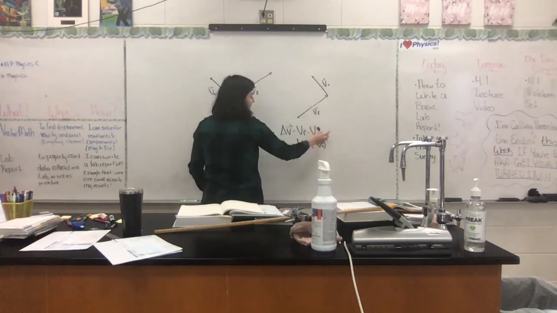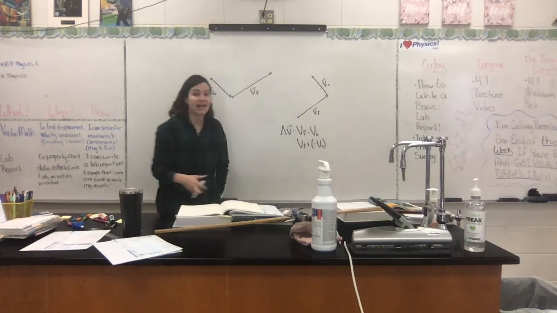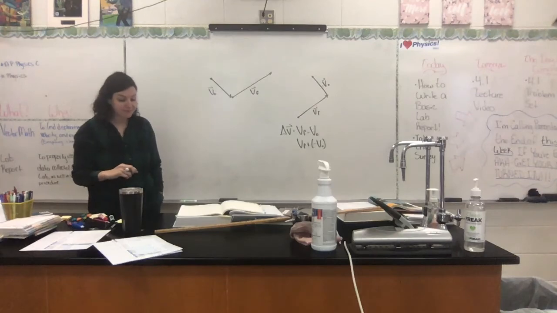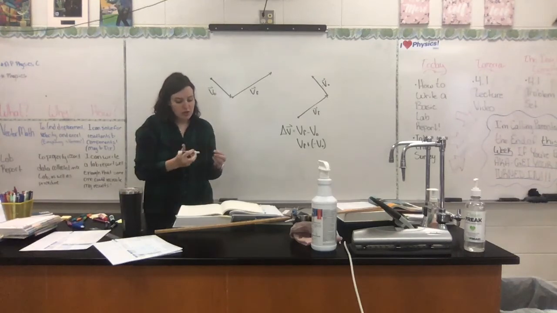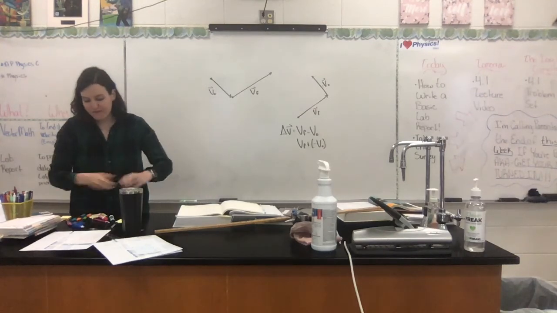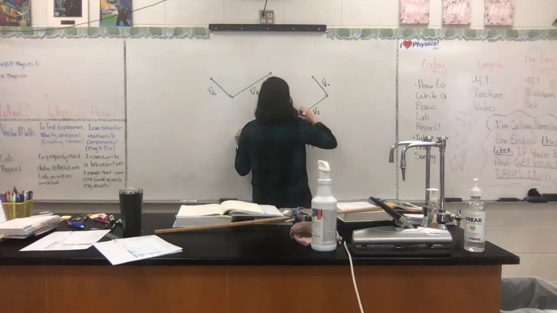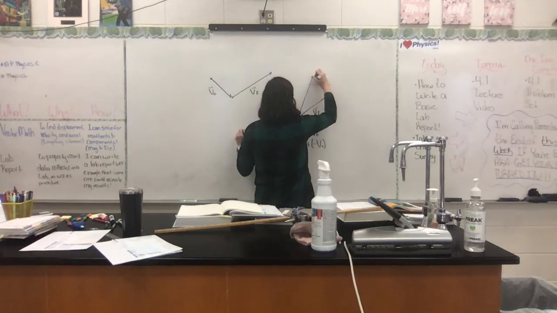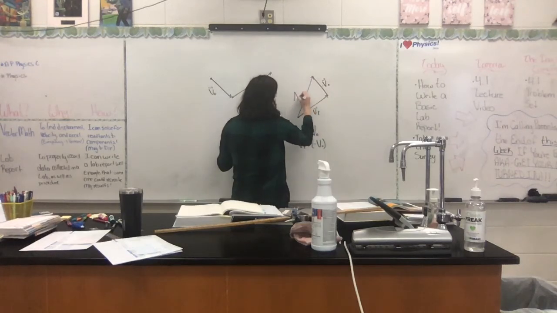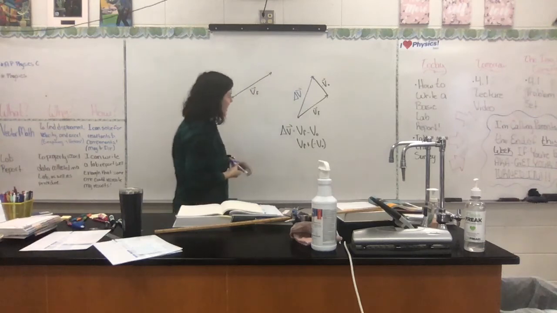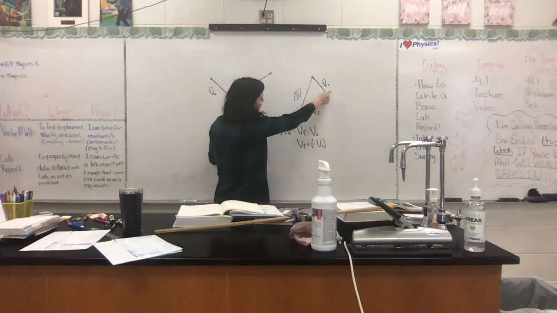That is why we had to make this negative v naught there, okay? So in order to find that, we're going to put the resultant vector, okay? That's going to be our change in v, because that is vf minus v naught.